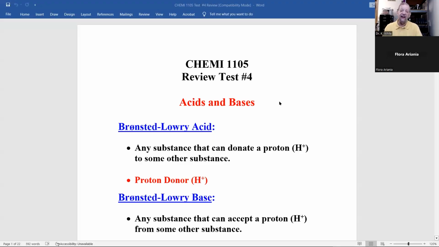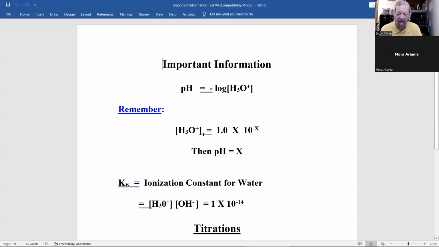This file is in the lecture section of Blackboard, cleverly named Chem 1105 Test 4 Review. And these are things you should know for test 4. But before I go into it, let me remind you that also in the lecture section of Blackboard, you'll see important information, test number 4.